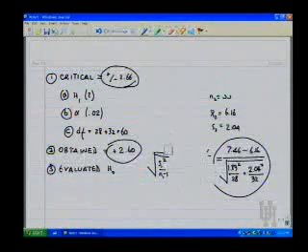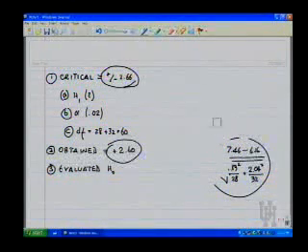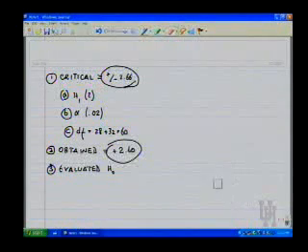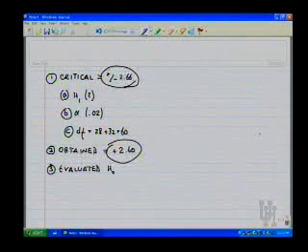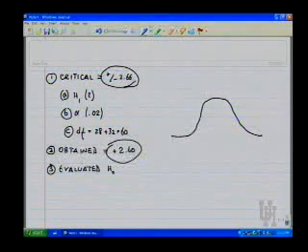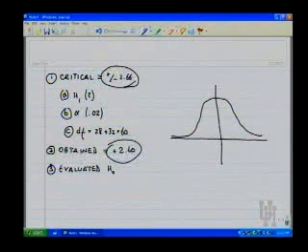Let's get rid of all of this. We have a sampling distribution of sample mean differences. That distribution is normal.